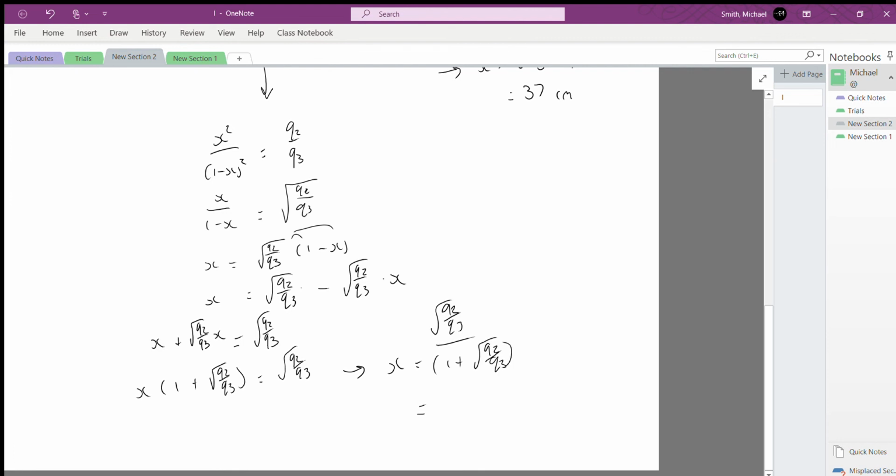And we can substitute our values into here now. Q2 is 2 microcoulombs, so 2 times 10 to the minus 6 all over 6 times 10 to the minus 6, divided by 1 plus that same expression.